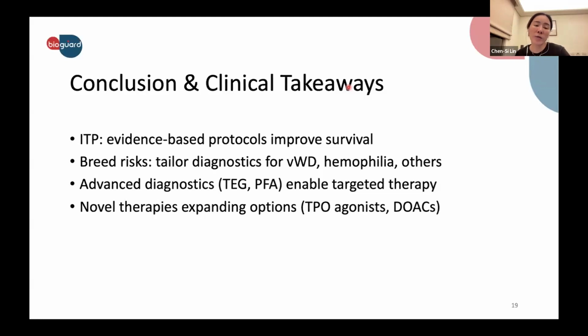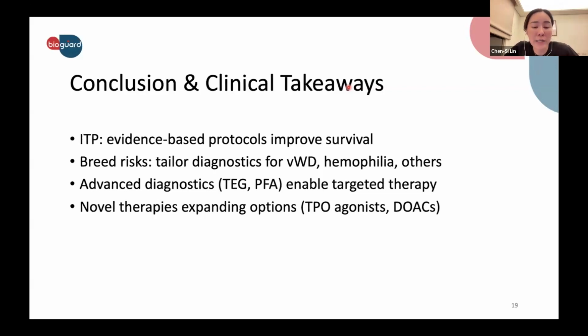We also need to really take care about breed risks, because different breeds tend to suffer from specific genetic diseases, such as VWD, hemophilia, and other breed-specific hemostatic disorders. So we need to know all this background information and do tailored diagnostics as well as treatment.